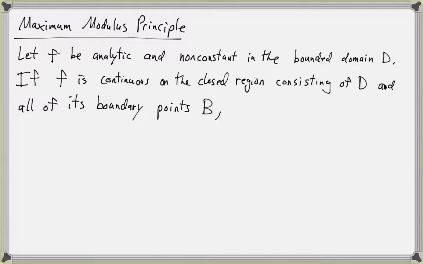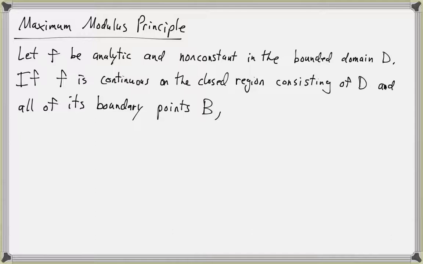So if we have a continuous analytic function on a closed bounded region, then we know that f attains its maximum. But by the statement of the maximum modulus principle that we had earlier, the maximum cannot occur on the interior of this closed bounded region.